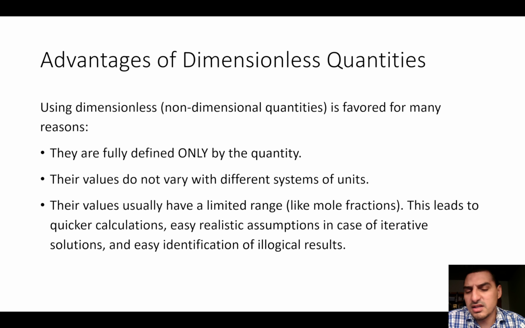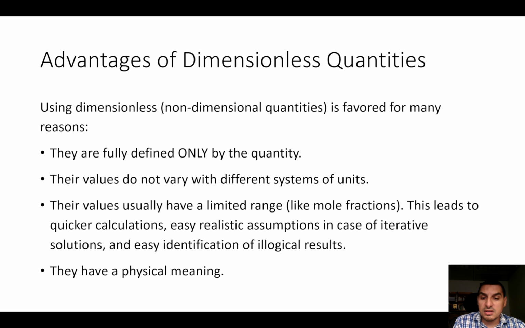The mole fraction can never be more than 1. If you calculate it and find it to be negative, it's definitely wrong because it cannot be less than 0. When you have this limited range, it gives you a good way of evaluating the answers, which is not as easy in case of dimensional quantities.